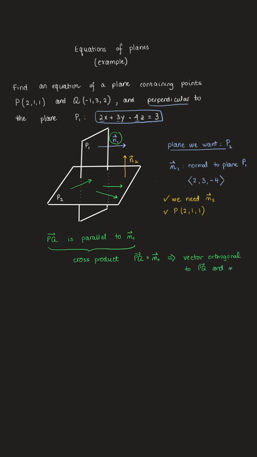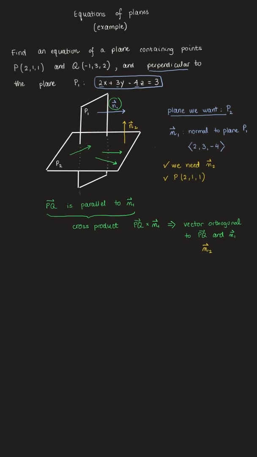And so, because of that, that vector will be n2. It will be the normal that we need to create the equation of the plane that we're looking for. Let me actually write that in yellow because that's the normal that we're looking for. So this will be n sub 2.